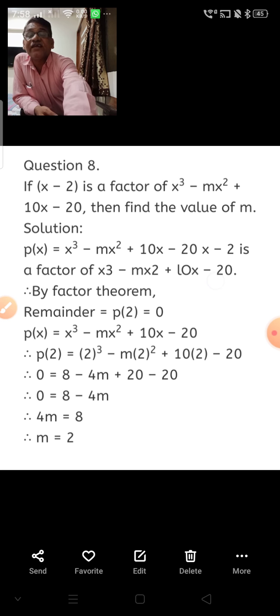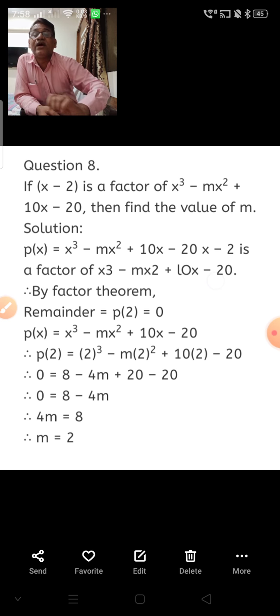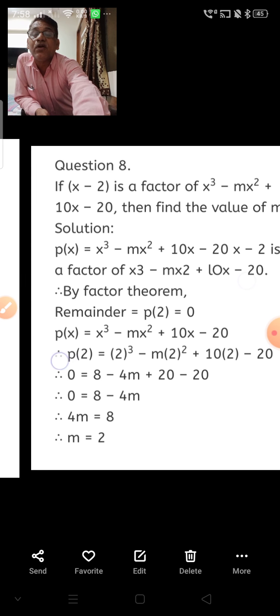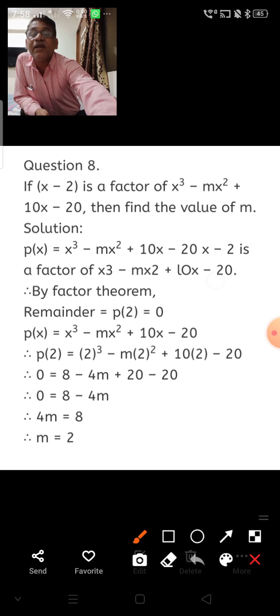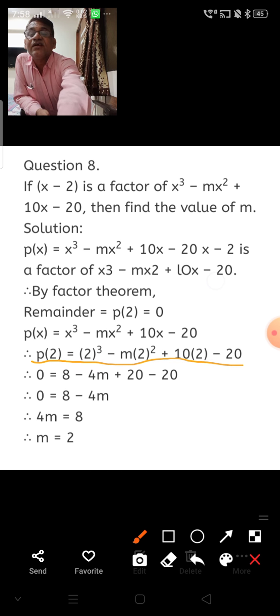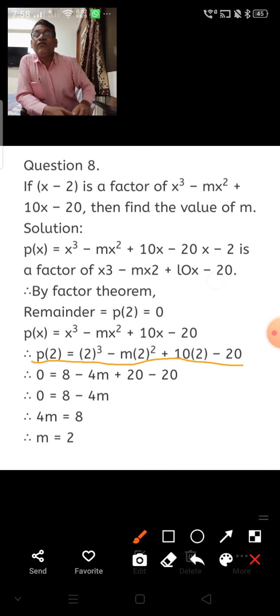Therefore substitute the value of x in the given polynomial. Here you have to find p of 2, so substitute x as 2. So 2 cube minus m into 2 square plus 10 into 2 minus 20.